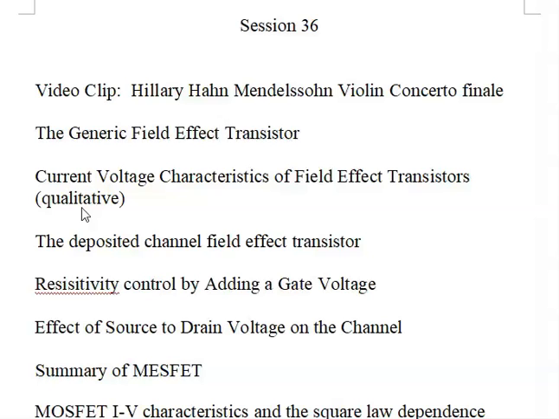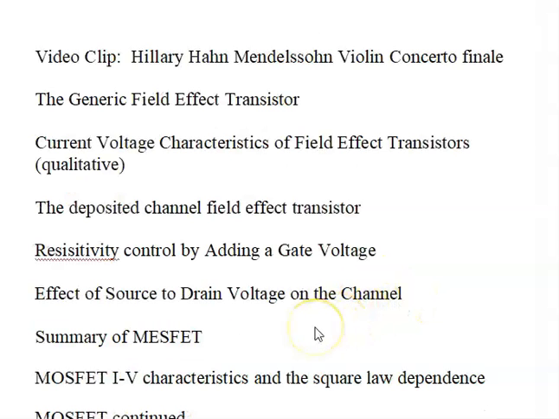And then we'll be breaking that down further, and we'll be looking at one specific type of field effect transistor, and that is the deposited channel field effect transistor. And then we'll be looking at something called a MESFET. And then we'll be examining the MESFET in a little more detail before we go on to the MOSFET.